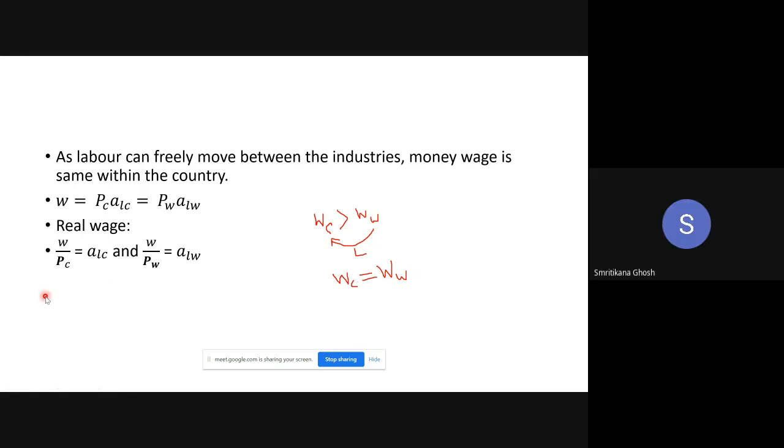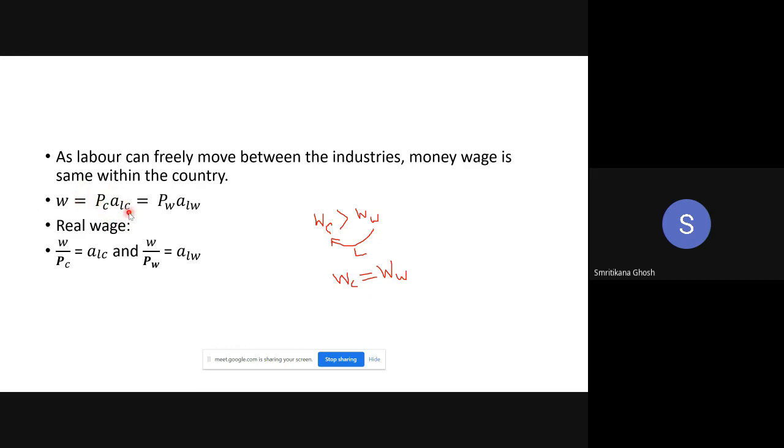Now look, so WC can be replaced by PC into ALC, because this is the equilibrium condition. We know money wage is equal to VMPL, so actually price is equal to VMPL. VMPL is 1 by ALC.